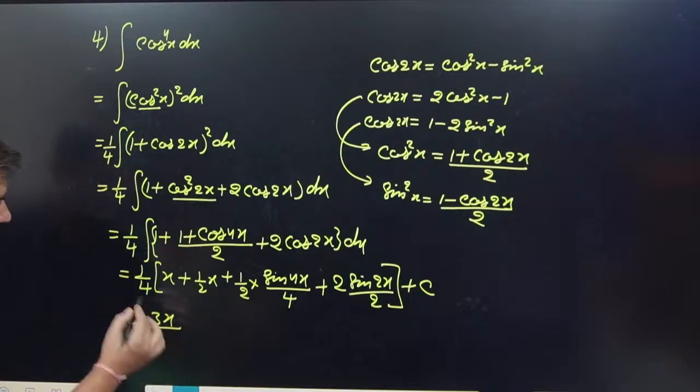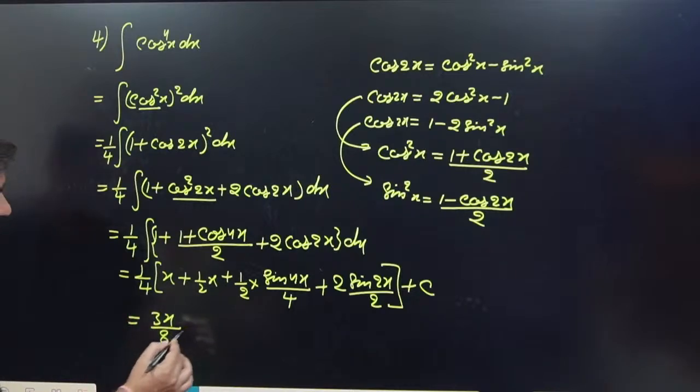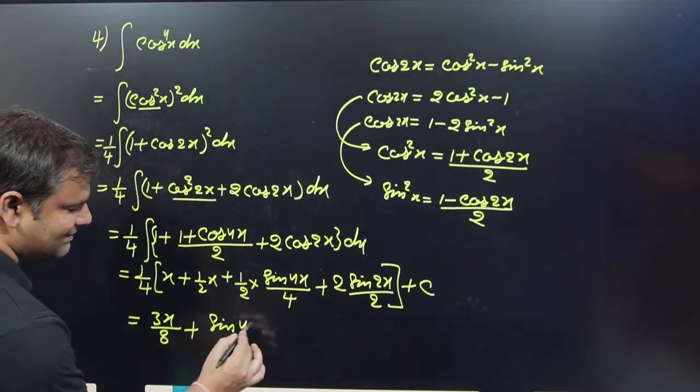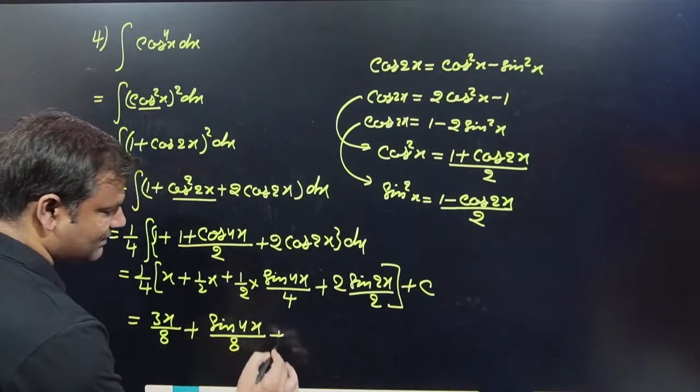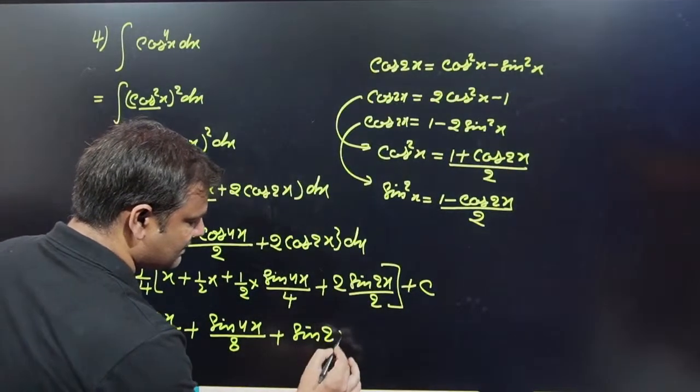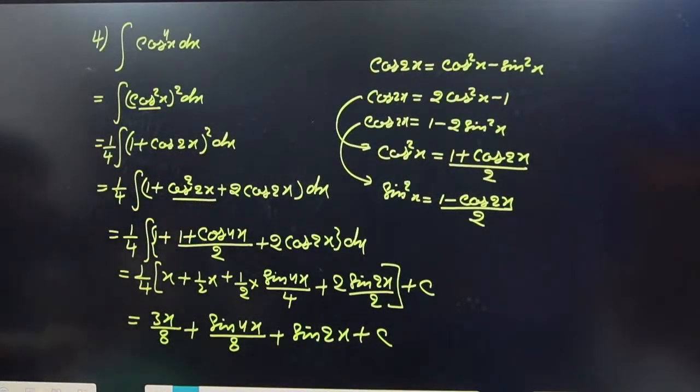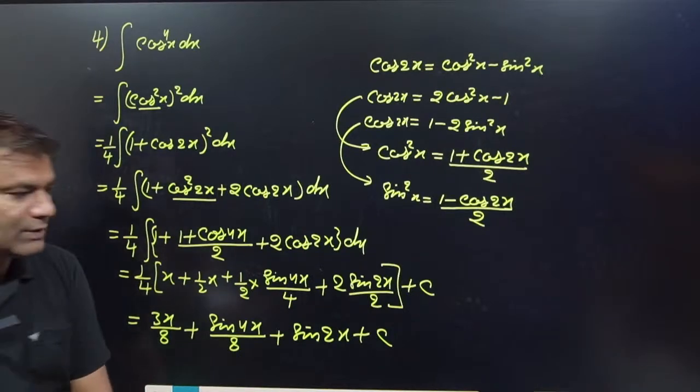So 3x by 2 into 4, that is 8, plus sin 4x divided by 2 into 4, that is 8, and the 2 cancel, so simply sin 2x plus c is the right answer. Okay. I hope that is clear.